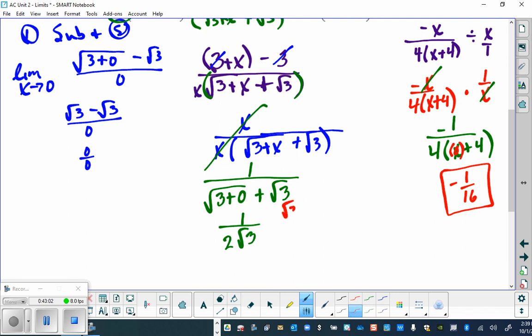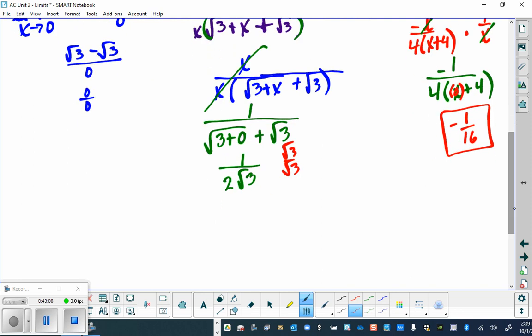And then, of course, we have to rationalize that denominator. Because we're rule followers, everybody. Square root of 3 over 6. Do not dare cancel out that root 3 with that 6. Those are not friends. Square root of 3 is not friends with 6.